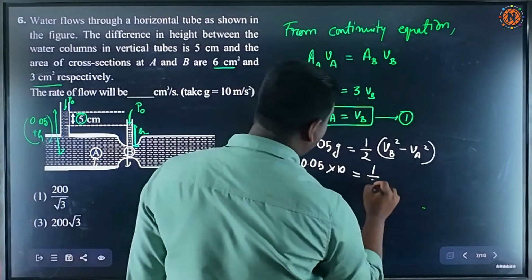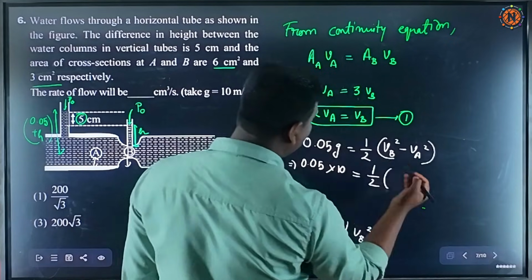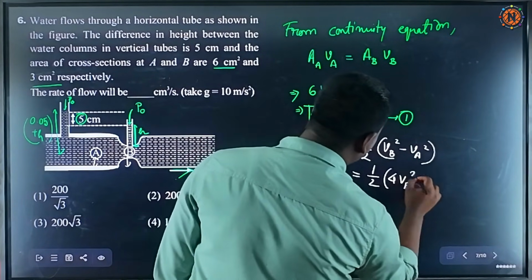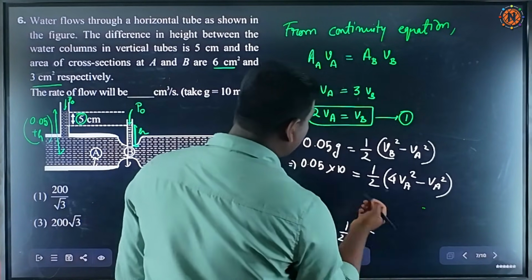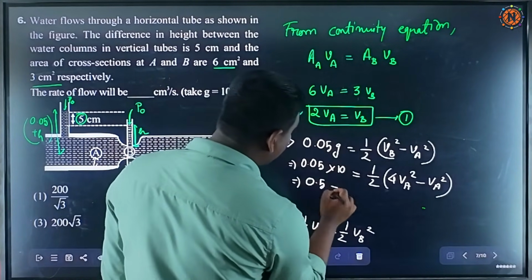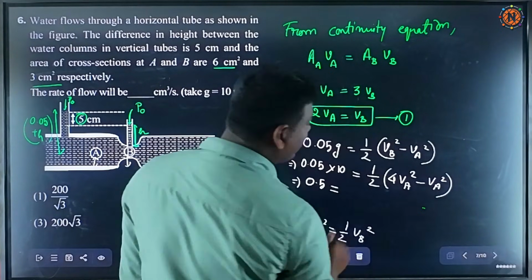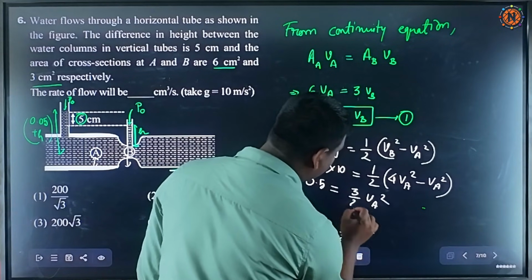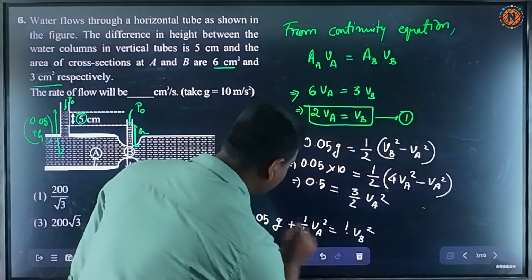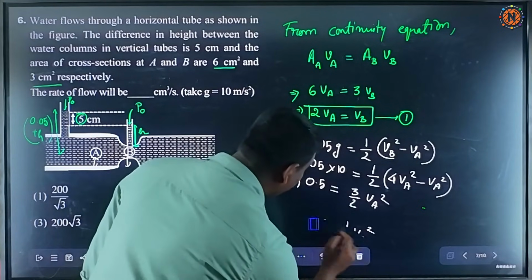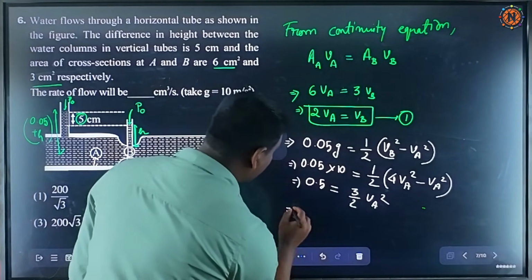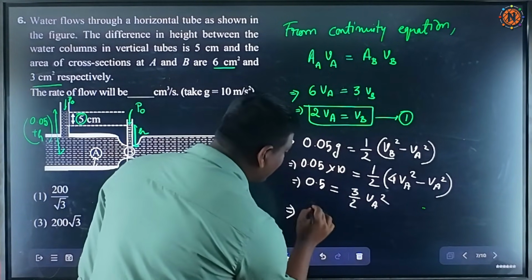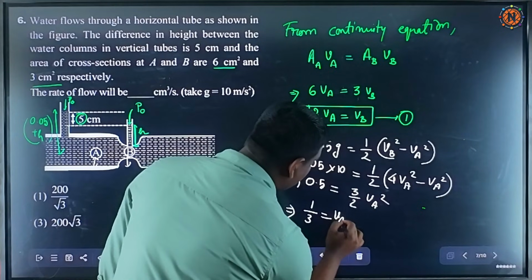Now what is the value of VB? VB is nothing but 2VA, so VB square means 2VA whole square, that will be 4VA square minus VA square. So that will be 0.5, and this will be 3VA square, so 3 by 2 VA square. Just solve it to get the value of velocity at A. Now 2 will come here, so 0.5 into 2 will be 1, so 1 by 3 VA square.